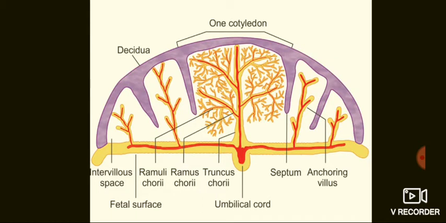The chorionic frondosum gives rise to 40 to 60 truncus chorii or stem villi, and these stem villi divide to form ramus chorii, and from the ramus chorii ramuli chorii are formed. Thus numerous chorionic villi are formed, and these chorionic villi are surrounded by the intervillous space.